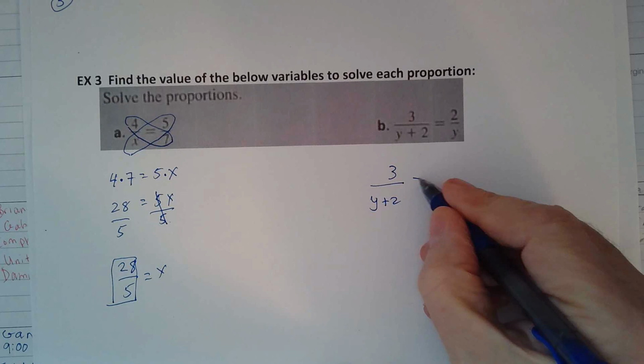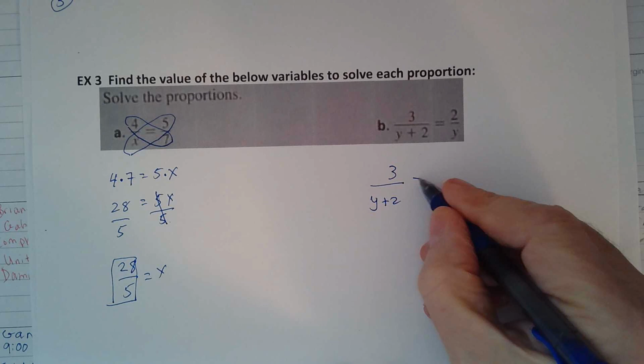Now, you can check this by substituting 4 for the y in the original proportion. So let's do that. So check, let y equal 4. So we got 3 over 4 plus 2 equals 2 over 4.